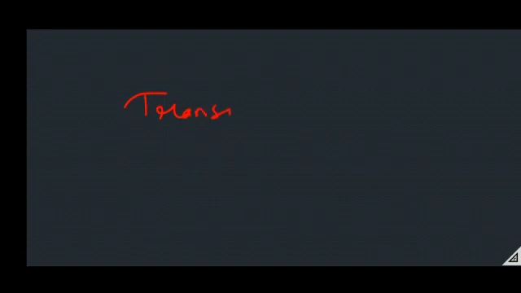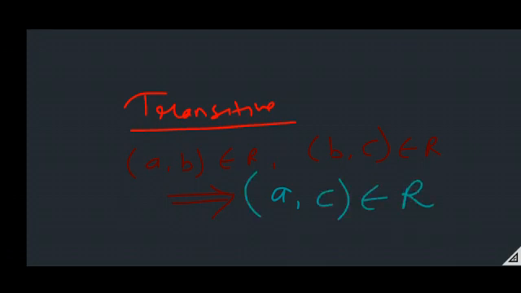And then the third thing is transitive. Let us see when the relation is said to be transitive. If I have (a, b) belongs to R, (b, c) belongs to R, and these two imply that (a, c) also belongs to R, then the relation is said to be transitive.